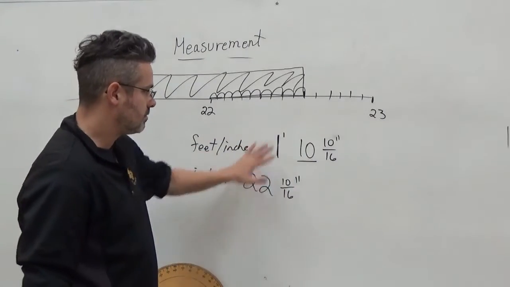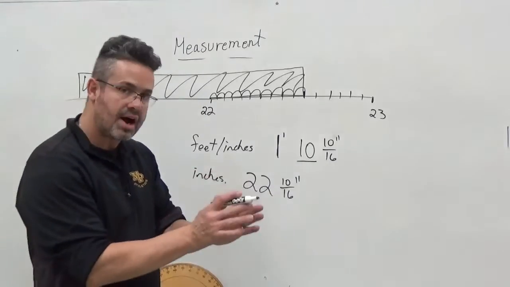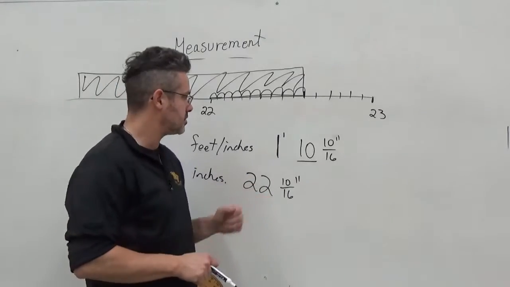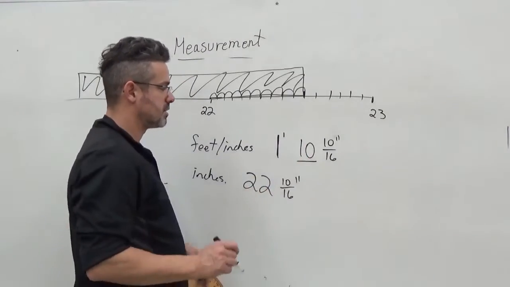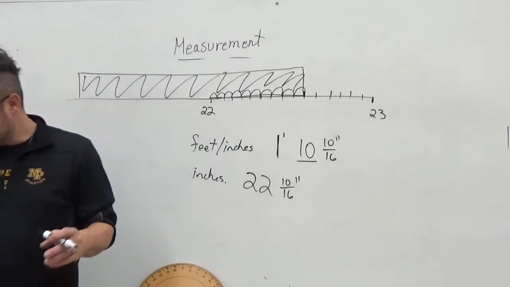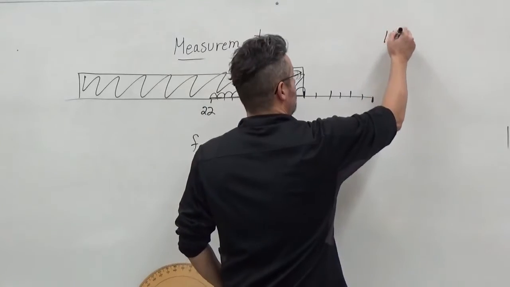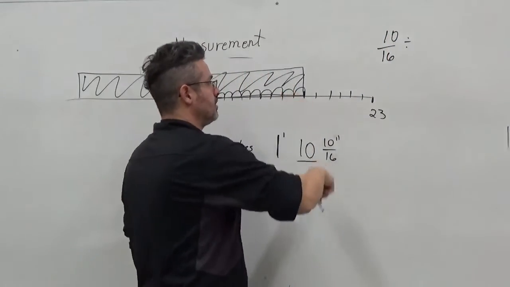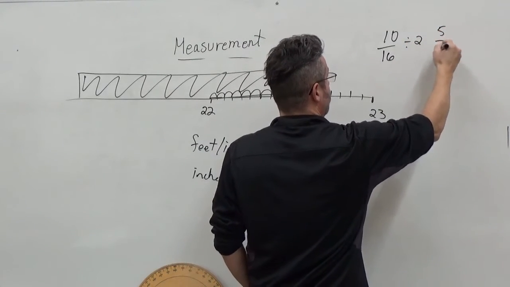Now, this is not quite reduced where we'd want to put it on a drawing, a sketch, a draft. We wouldn't want something we're going to try to pull a tape measure on like this. We'd want it in our lowest terms. So 10/16. You would have done this on the first page already, and you know that that's 5/8, but just to show you, 10 over 16, we need to divide it by a common factor of 2, and that gives us 5/8.